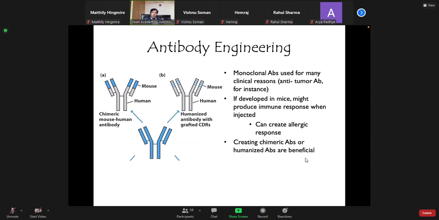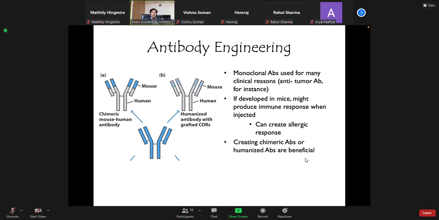But because of injection of antibody from a different species, from mouse to human, this is going to generate some immunological reactions, right? And you know what epitopes would be recognized in this case, because you're talking about two different species, right?